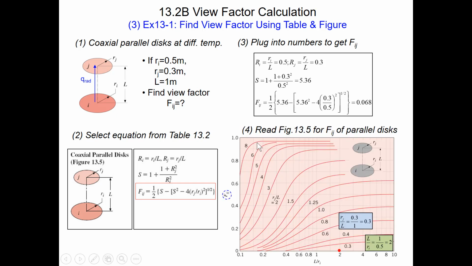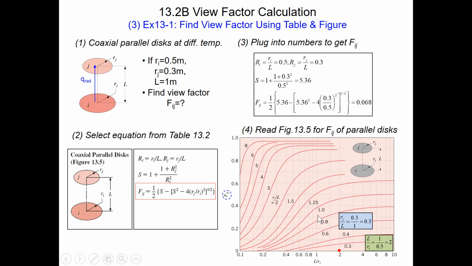Fourth, we read figure 13.5 to get a view factor for these coaxial parallel discs. The vertical axis represents view factor. The horizontal axis represents the ratio L over Ri. For our case, it is 2.